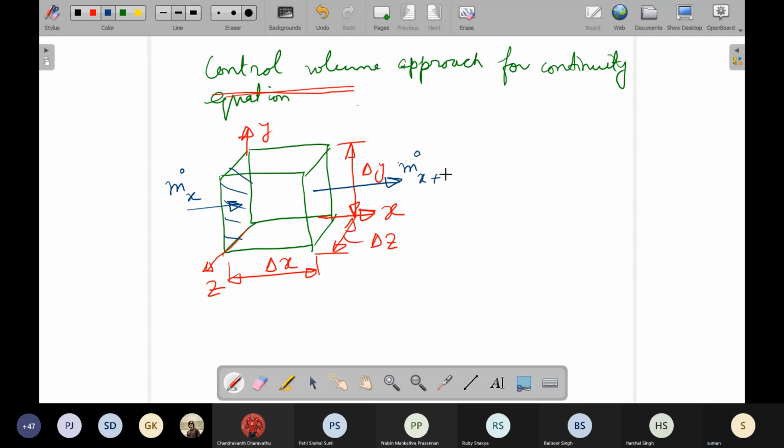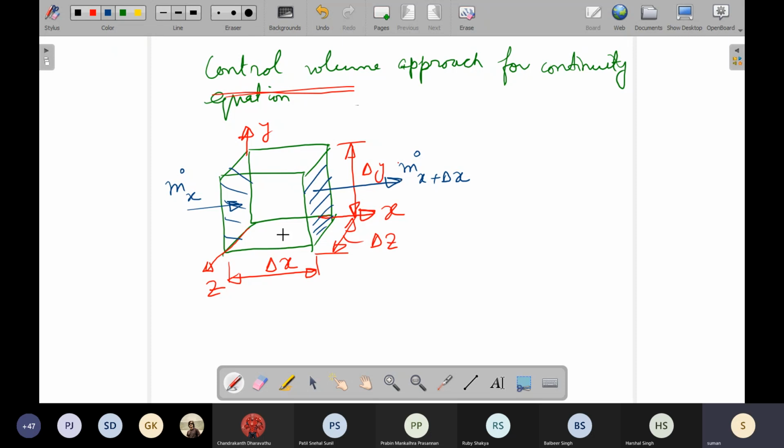Similarly, this is m dot x plus delta x, the mass flow rate in the same direction, but just to recognize that the face through which this mass is flowing is different, and it is located at x equal to x plus delta x.